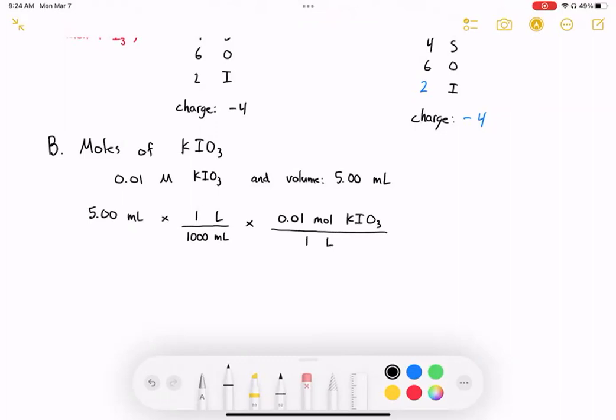So that's what molarity would be. Okay, let's just double check here. We use 5 mL of our solution. Yes. And then 0.01 molar KIO3. All right, so everything's good.